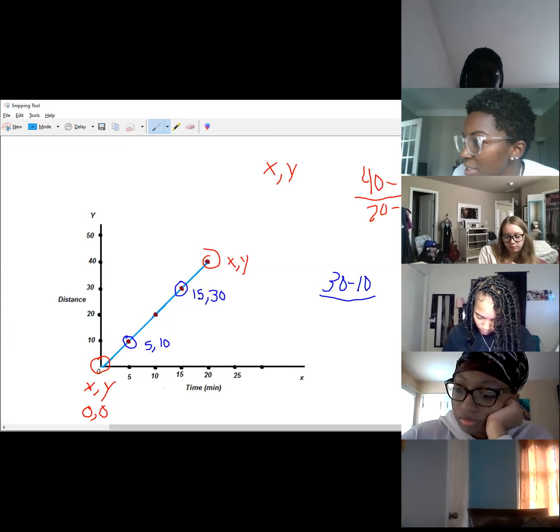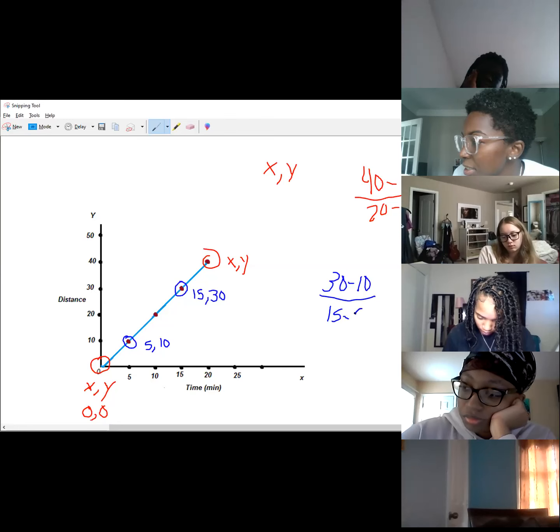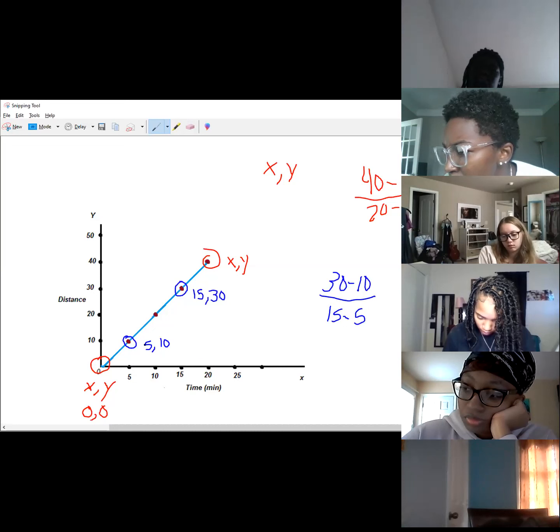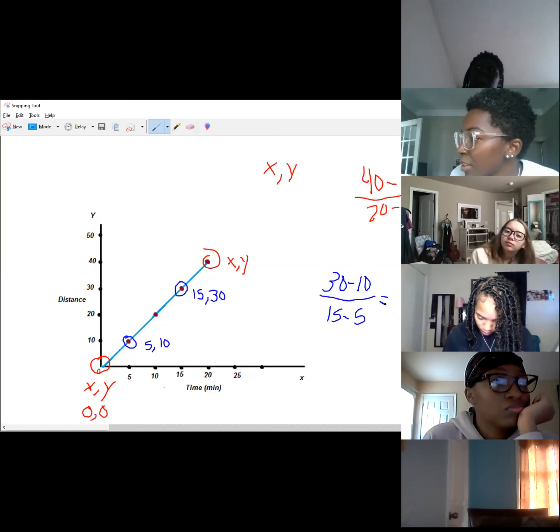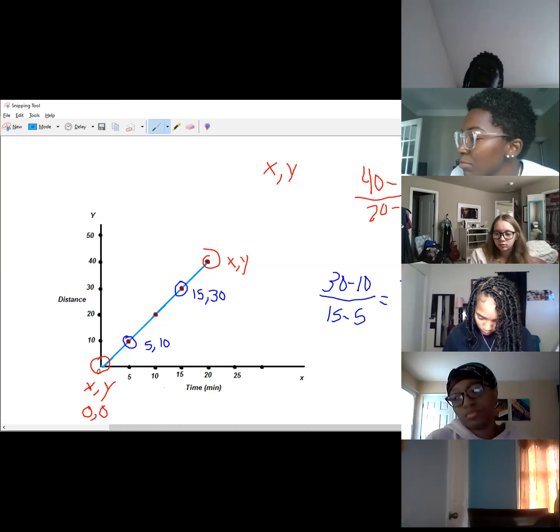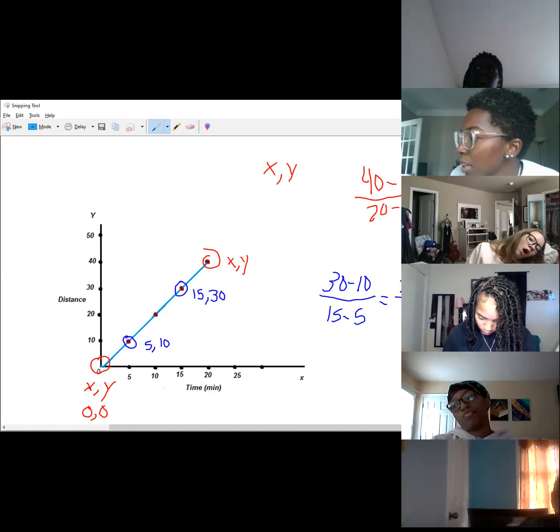And then my X's are 15 minus 5. So let's see if we still get, that doesn't look right, does it? Did I do that wrong? 15 minus 5. Oh yeah, that's right. Okay. 30 minus 10 is what? 20. 15 minus 5 is 10. And if I divide those, I still get 2.